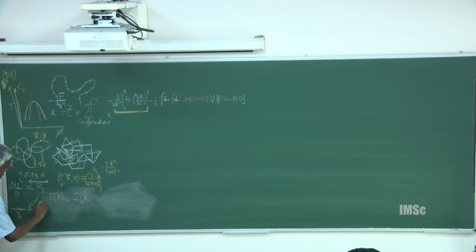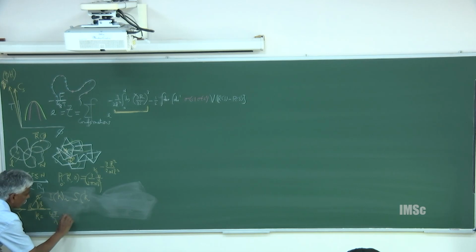Here is my sample, and here is theta, the angle at which the detector is subtended with respect to the incident beam, and k is equal to 4 pi over lambda sine theta over 2. I mentioned this in the last lecture. You change the angle depending upon the contrast; you know the wavelength.